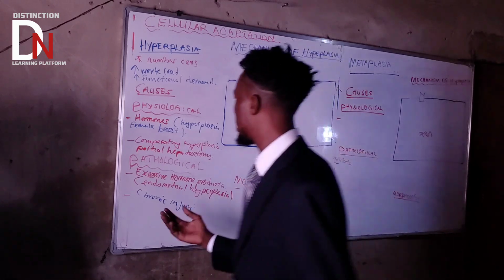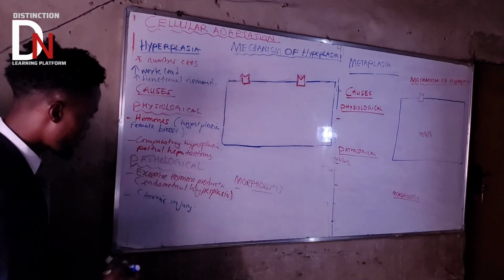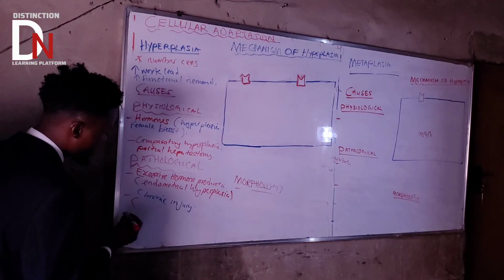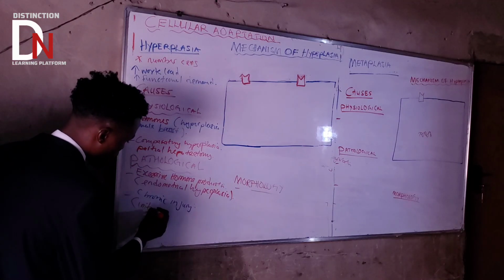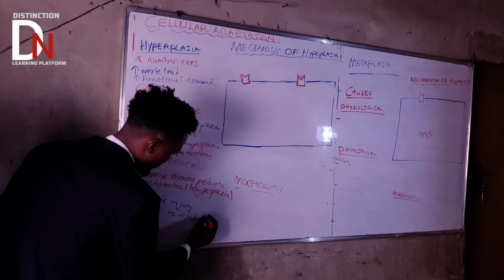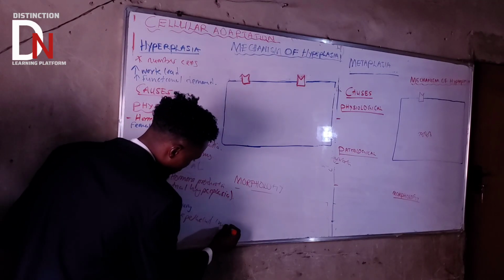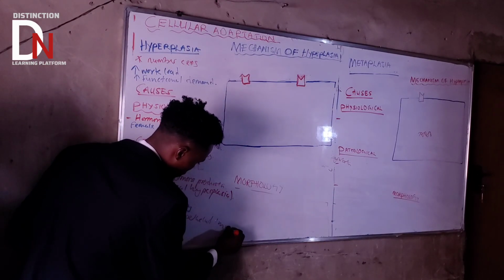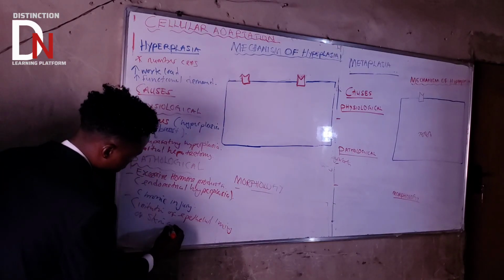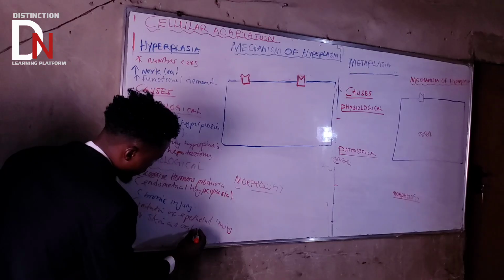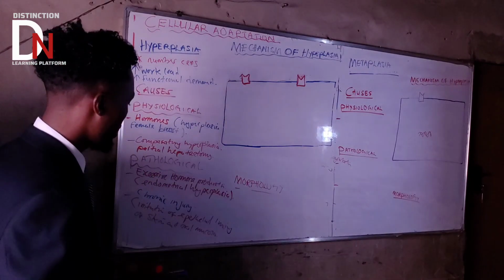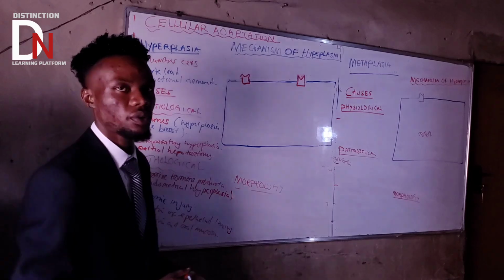So under chronic injury, we are just talking about irritation of the epithelial lining of the skin and oral mucosa. Okay, so those are the important parts that we need to talk about.